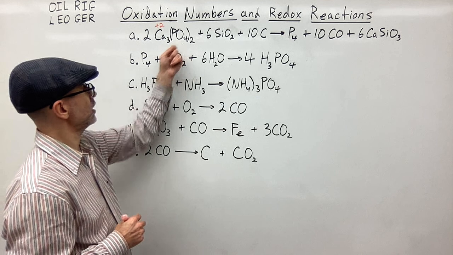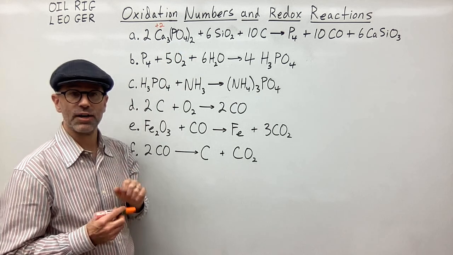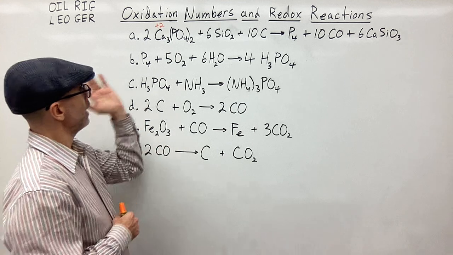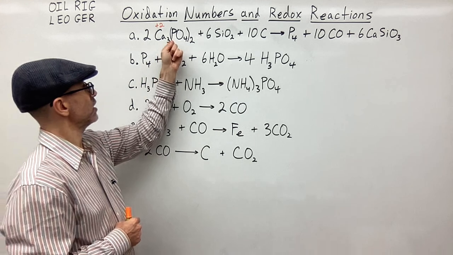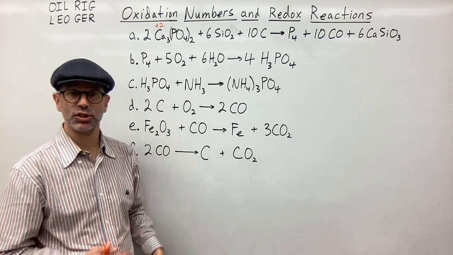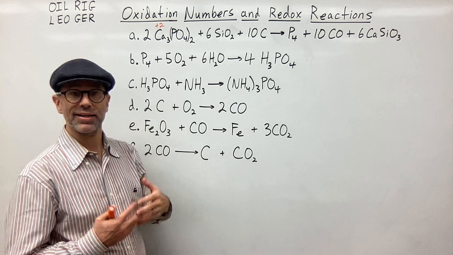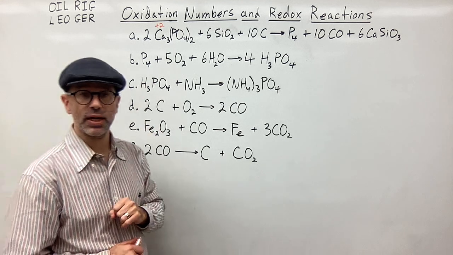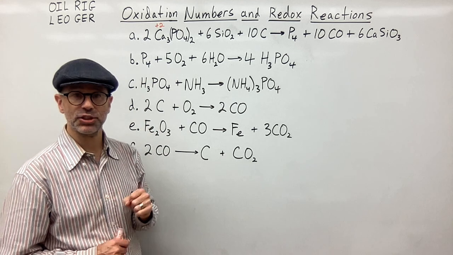So here the overall charge on phosphate is a -3. That means that the oxidation states of my phosphorus and my 4 oxygens should add up to a -3. So first we're going to assign oxidation states to oxygen.